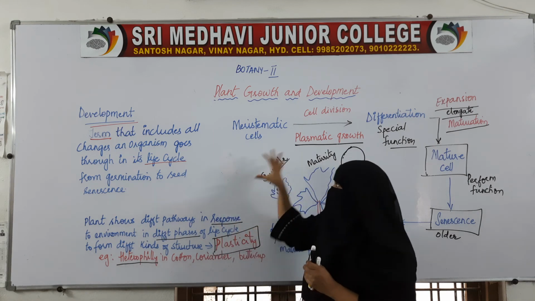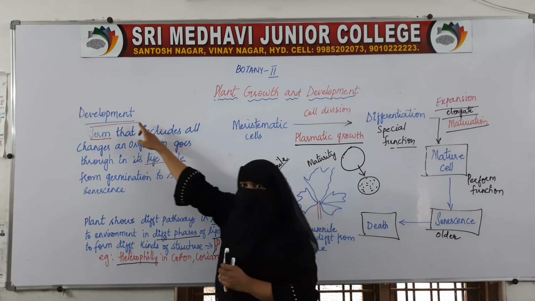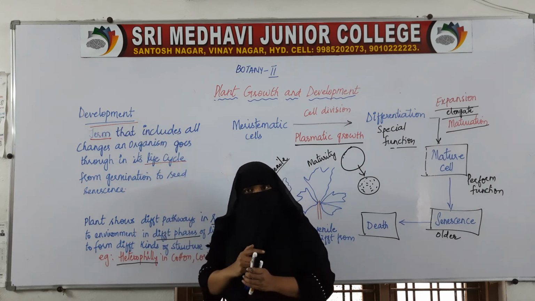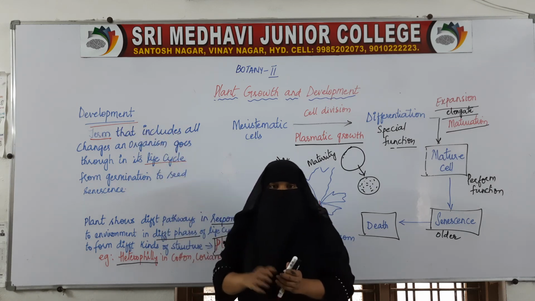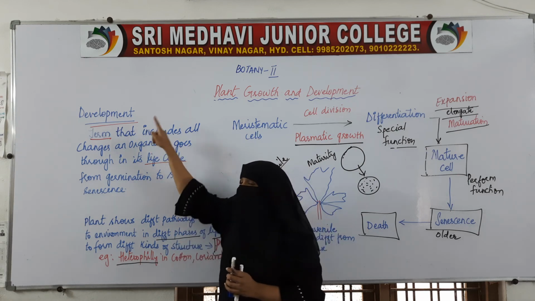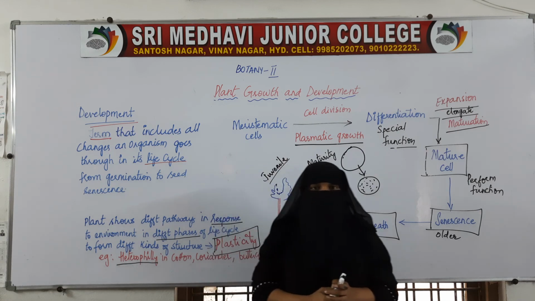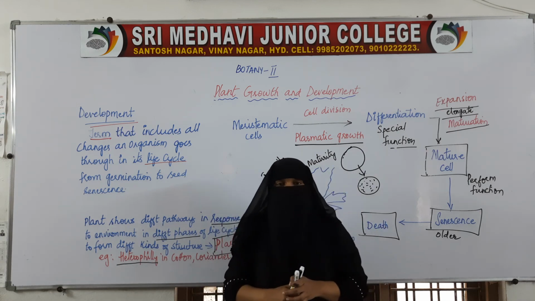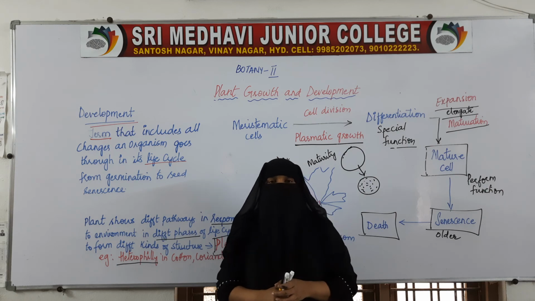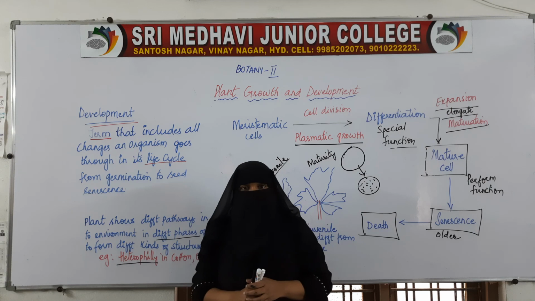Growth and differentiation together are called development. Now, what are the different inside factors which help in the development of a plant? That is, plant growth regulators. In the next class we will see about plant growth regulators.